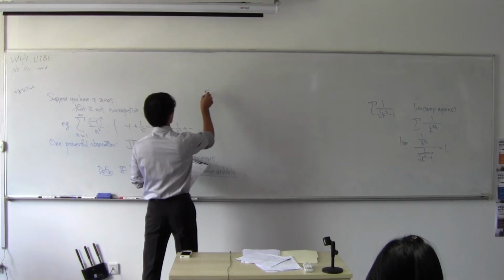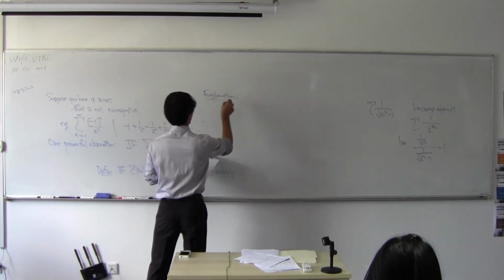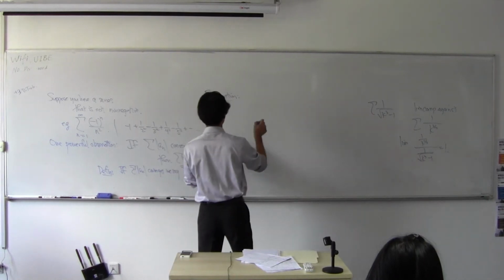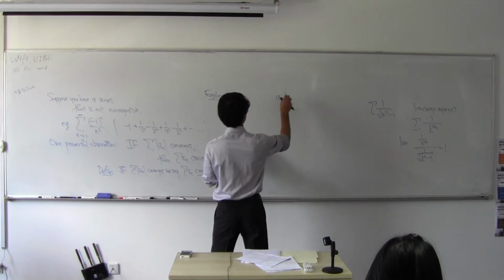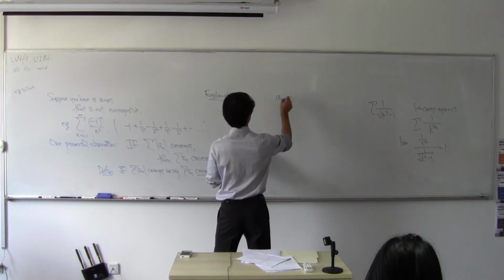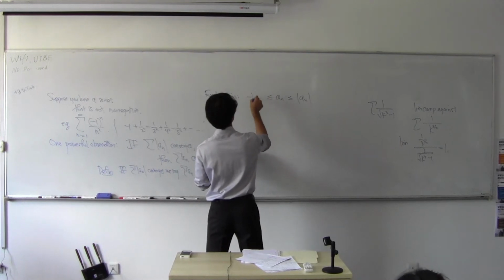Here's the explanation. a sub n lies between the absolute value and the negative absolute value.